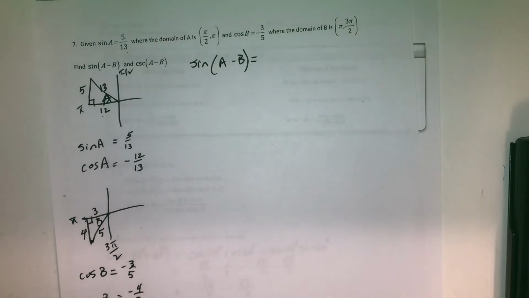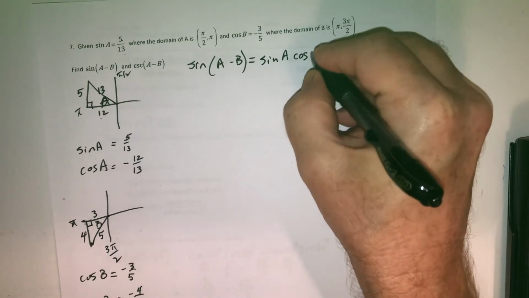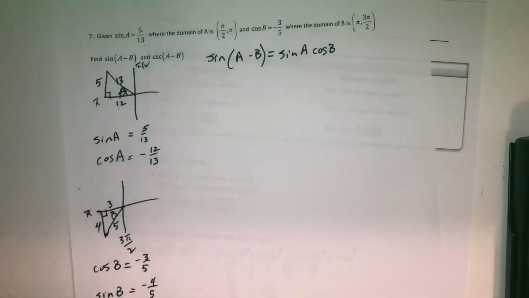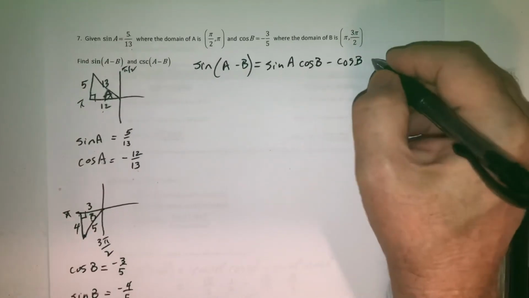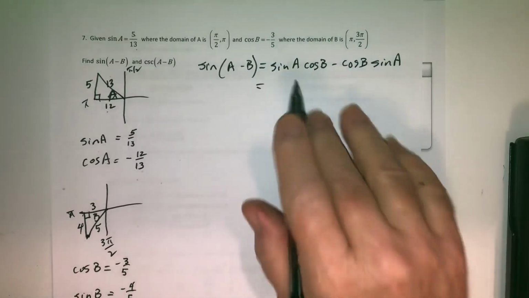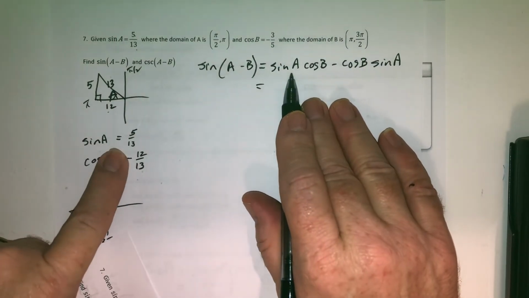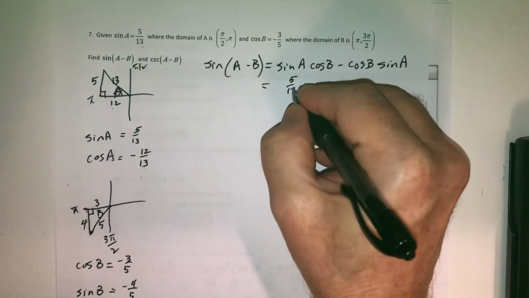And if you use your identity, the sine of alpha minus beta is the sine of alpha times the cosine of beta minus the cosine of beta, all right, times the sine of alpha. All right, here we go. The sine of alpha is right here, 5/13. Okay, so that first factor is 5/13.